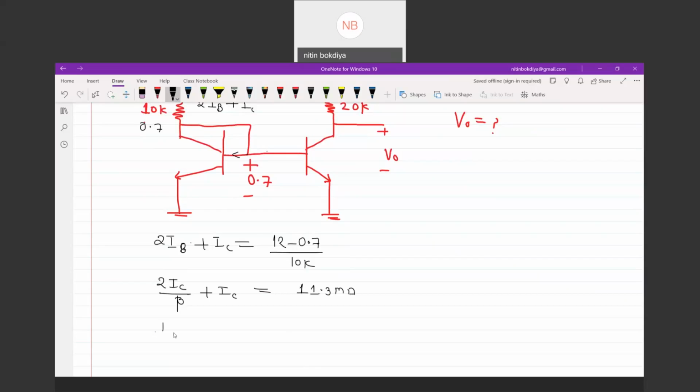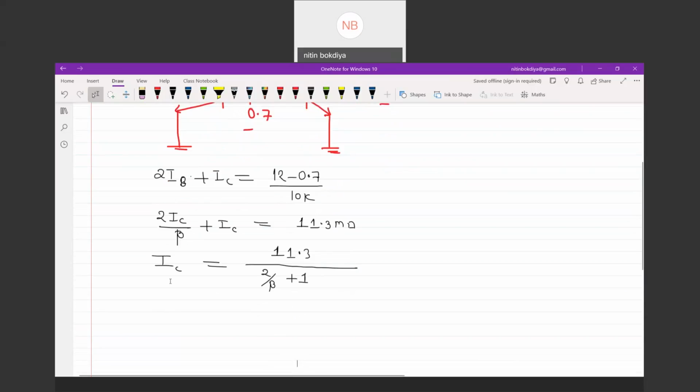Or you can say IC is equivalent to 11.3 divided by 1 plus 2 by 100.